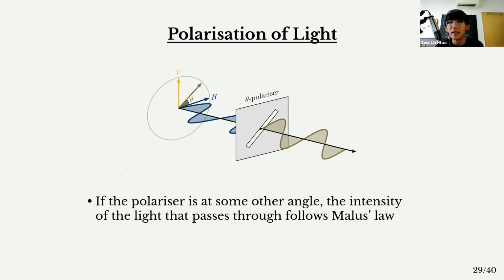And if it's completely perpendicular, none of the light will go through. So if it's somewhere in between, we'll expect something in between, right? Some of the light to go through. And so in this case, it follows a law called Malus law, which says that the intensity of the output light is proportional to the cosine squared of the angle between the polarization of the light and the polarizer.